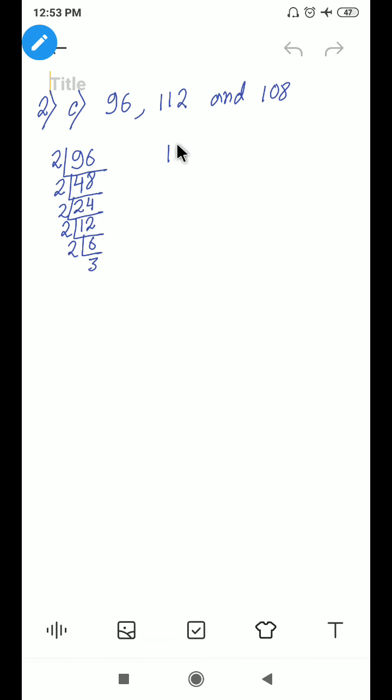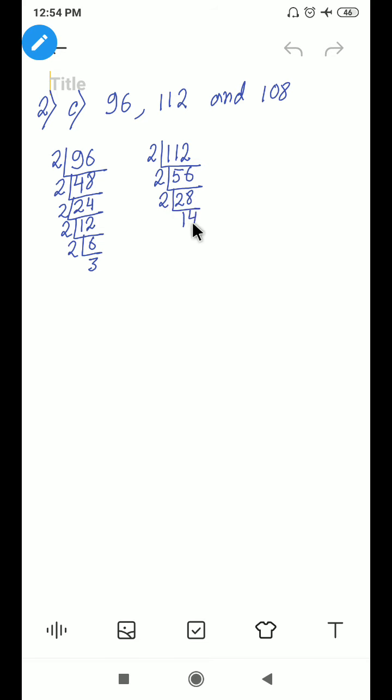Now take 112. This is an even number, so it is divisible by 2. If you divide by 2, you will get 56. Again this number is divisible by 2 because it is even, so 28. Again divisible by 2, that will be 14.